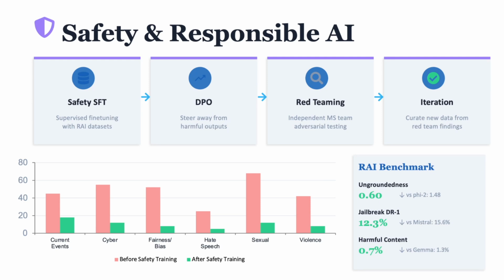Those findings were then used to generate more targeted training data and repeat the cycle. As the chart shows, this led to large reductions in harmful responses across all categories, while benchmark results also indicate that the model became substantially more factually grounded than Phi 2.